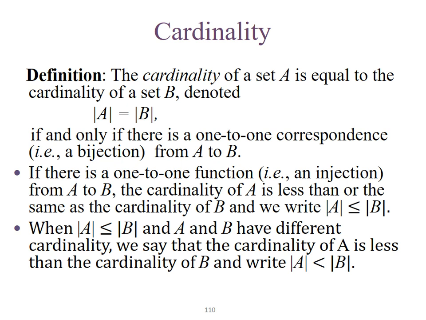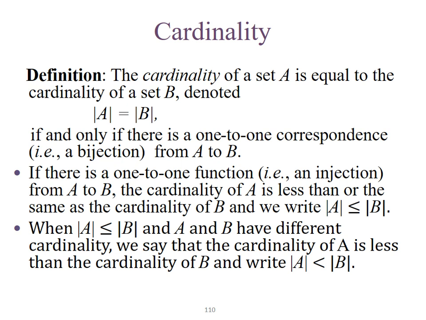But if it's just one-to-one, then you can consider maybe we have multiple elements from A to the element B. So the cardinality could be less than or equal to B. Okay? And then when you want to prove that the cardinality of A is smaller than the cardinality of B, one thing you can do is prove A less than or equal to B, to assert there is a one-to-one function, so you can map the element from A to B. So this is equal to 2.